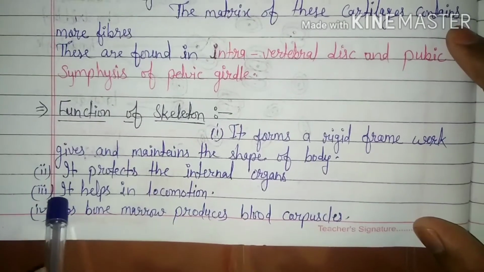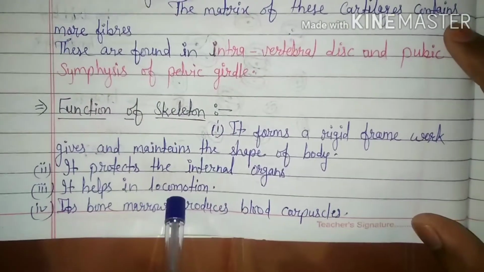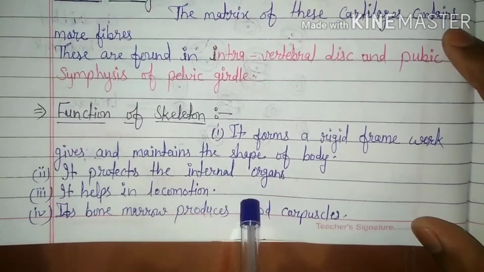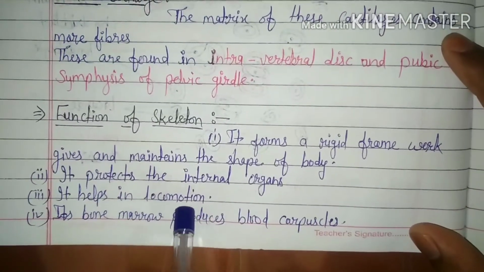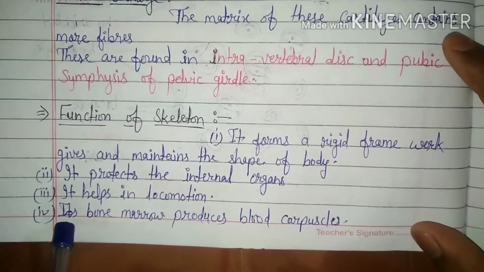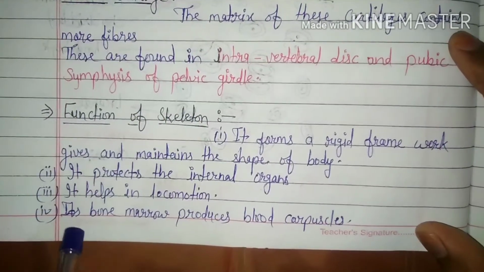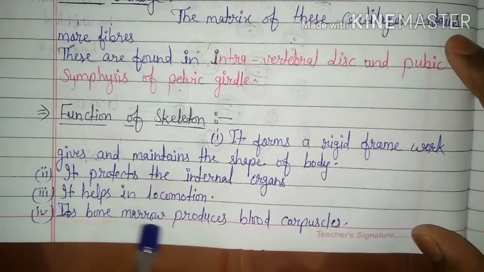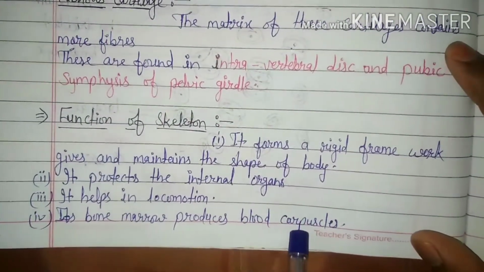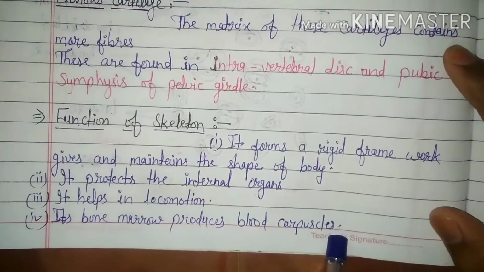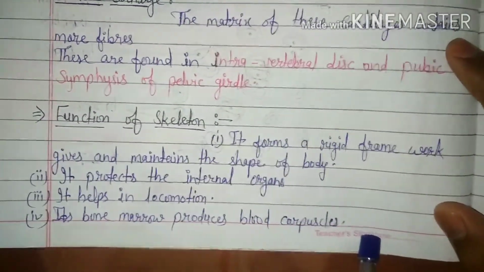Next, it helps in locomotion or movement by muscle attachment. Its bone marrow produces blood corpuscles: RBCs, WBCs and platelets.